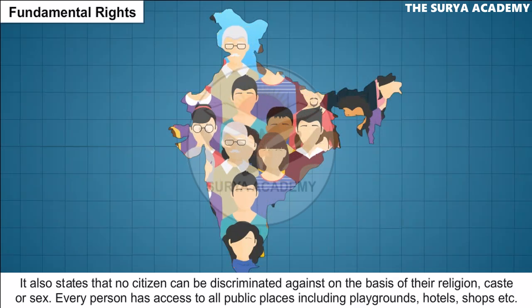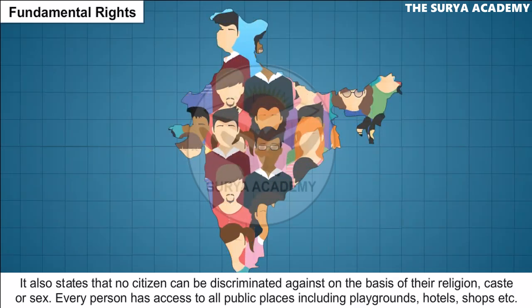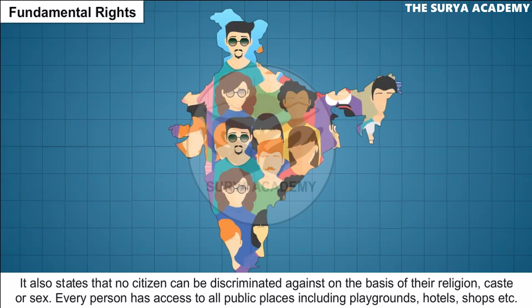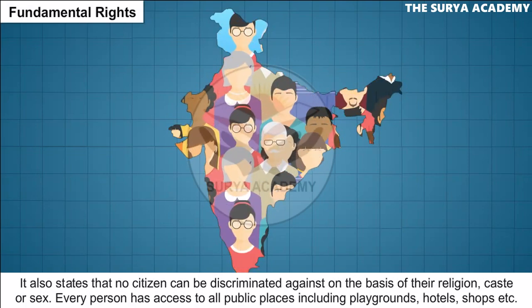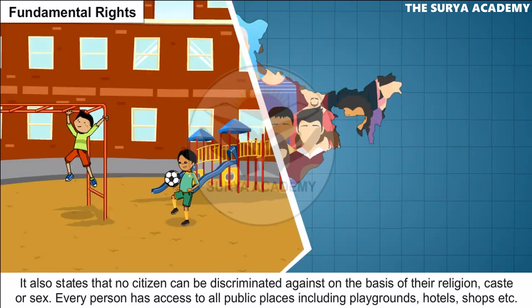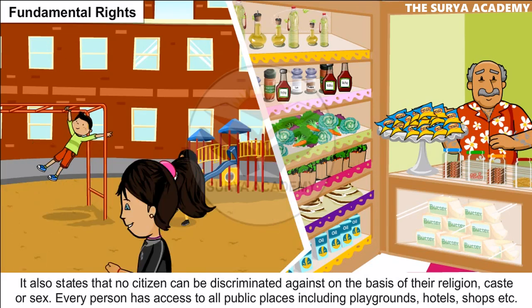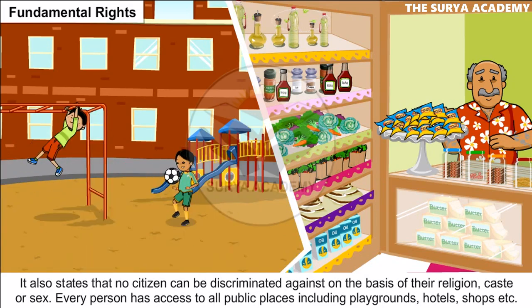It also states that no citizen can be discriminated against on the basis of their religion, caste, or sex. Every person has access to all public places, including playgrounds, hotels, shops, etc.